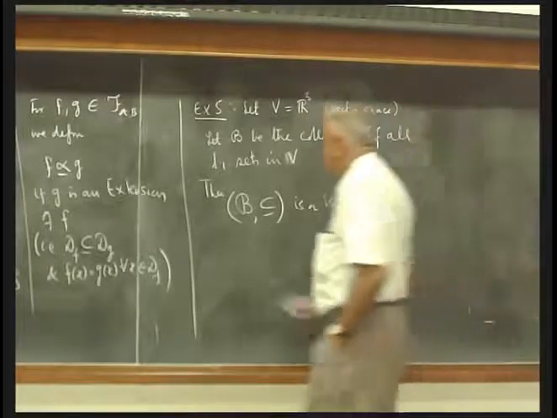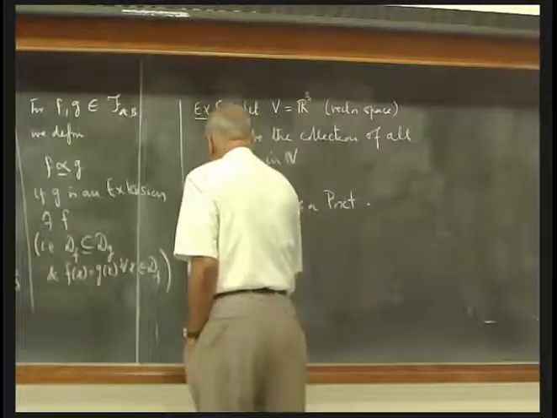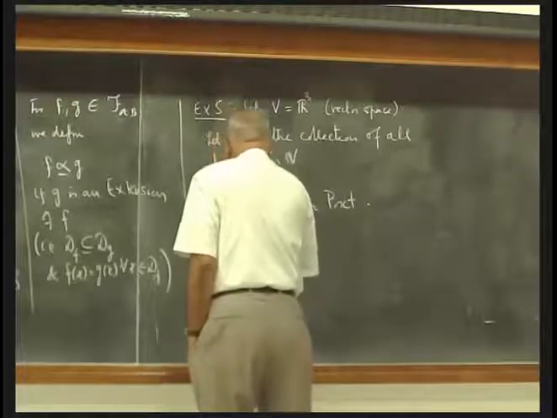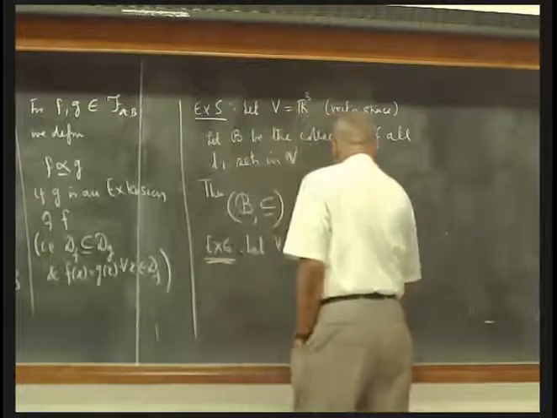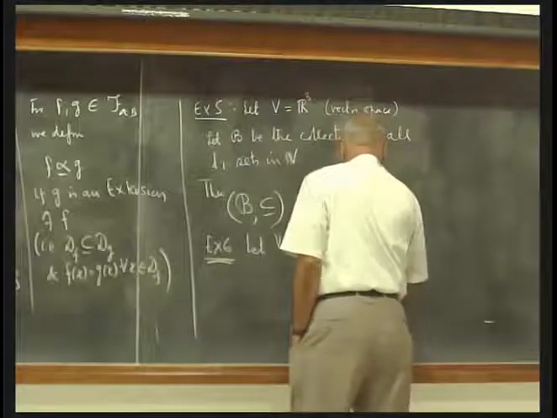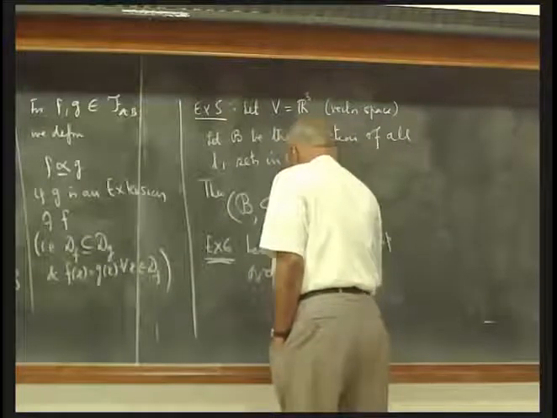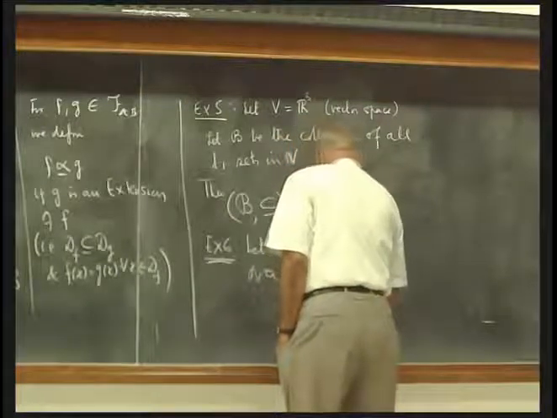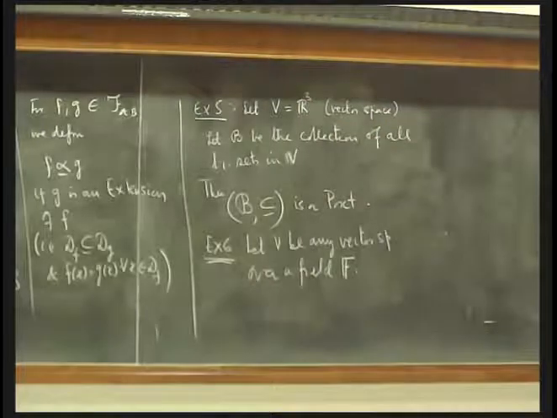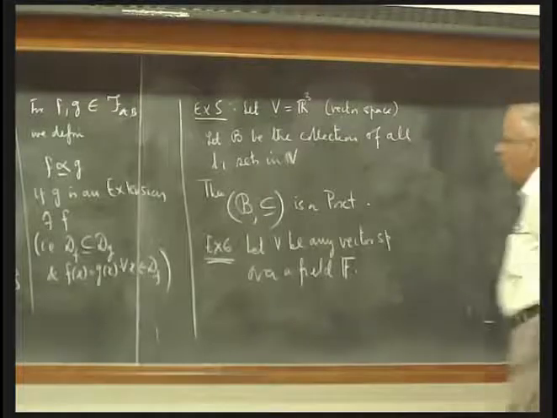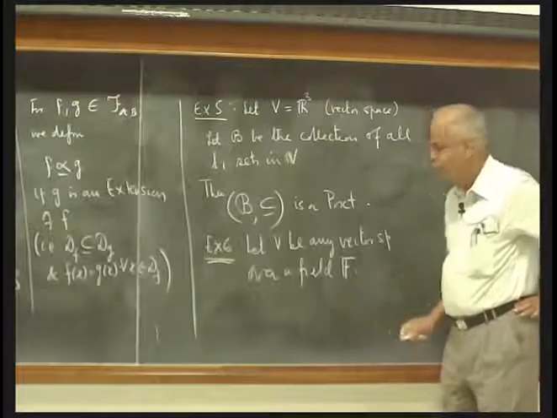Now, a more generalized version of this is what I will take. Let V be any vector space over a field F. Now I have to be careful about the linearly independent set.